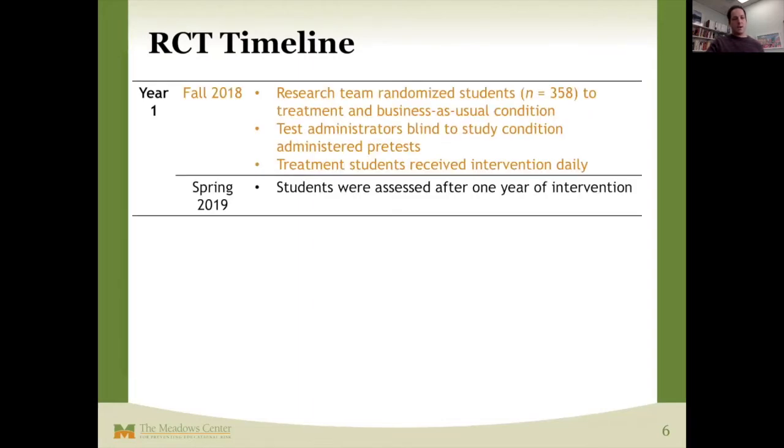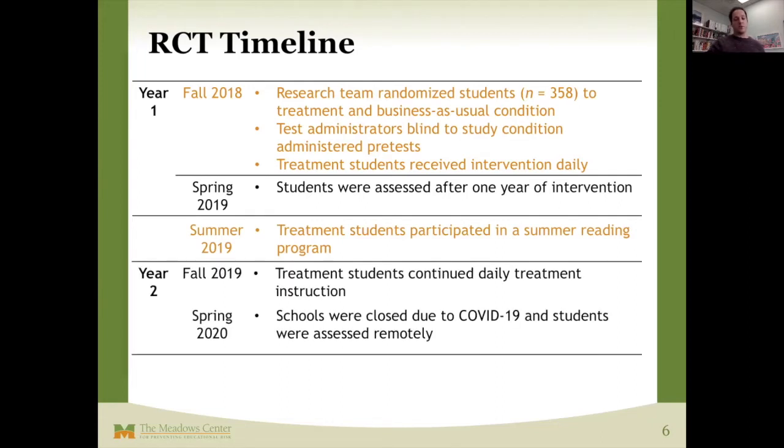So here's the timeline. As you can see, in year 1, students were randomized, test administrators blind to study condition administered pre-test. Treatment students received intervention daily, beginning in that fall, and then they were assessed after 1 year of intervention. In the summer, treatment students participated in the summer reading program. And then the following year, treatment students were again placed into intervention periods, 1 period a day.